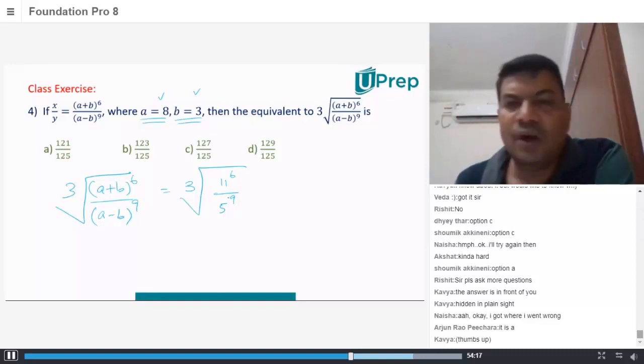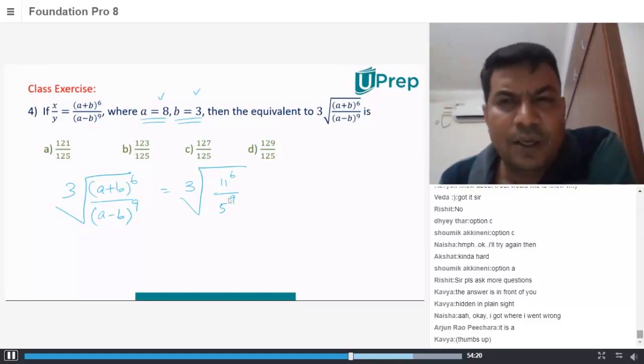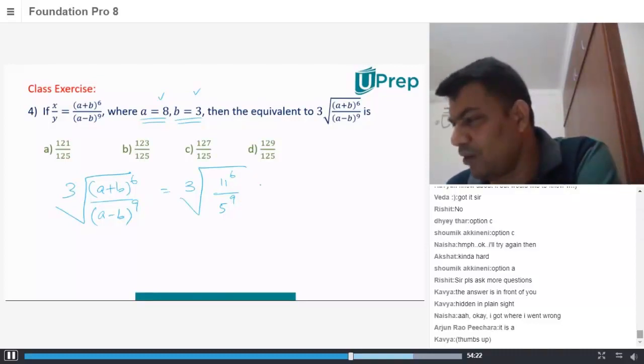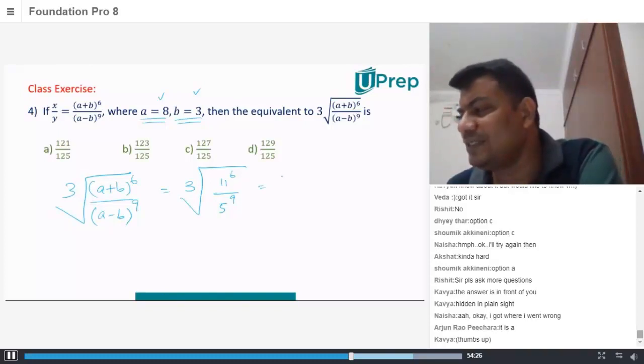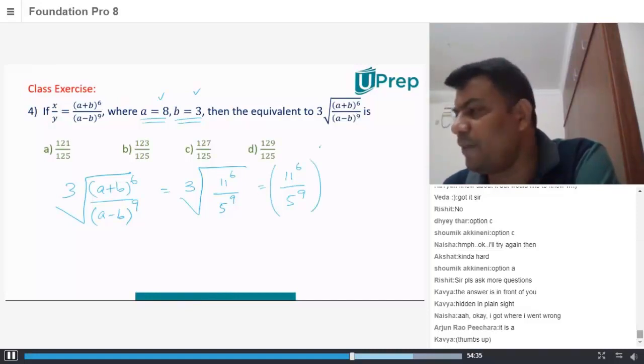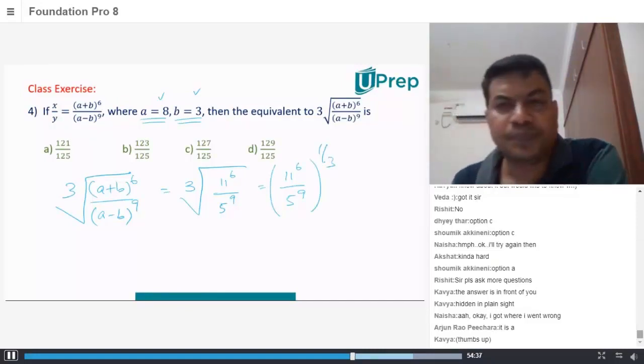Right? So how do you simplify this? You have learned in your schooling. Okay, I'll do it. Just give me a second. Cube root, I can write it as 11 to the power of 6 by 5 to the power of 9 whole to the power of 1 by 3.